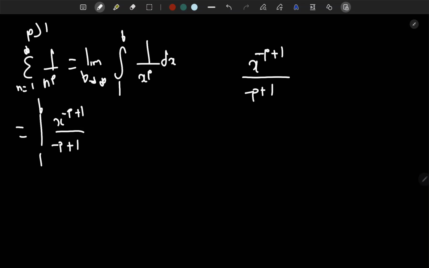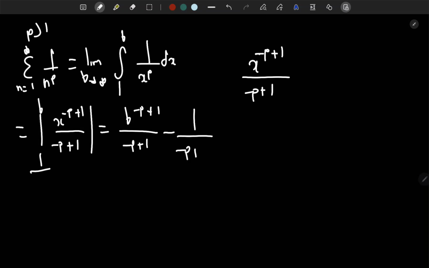Now let's replace x with b, so it's b to the power of negative p plus 1 over negative p plus 1, minus, now replace x with 1, and 1 to the power of anything is 1, so it's 1 over negative p plus 1.